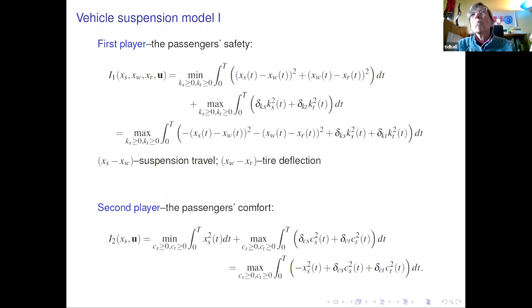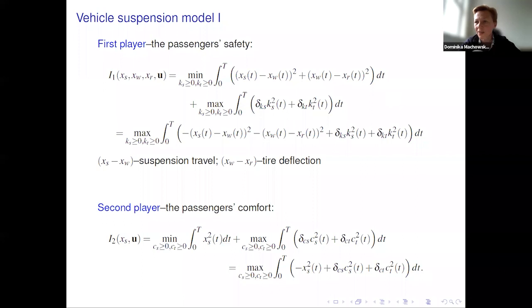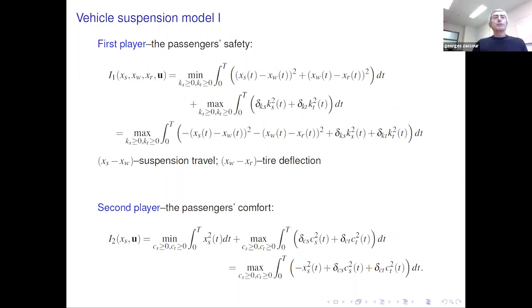So the first player takes care of the safety of the passengers, and the goal of the second player is the comfort of the passengers. So the passenger is not the player, in fact. No, the passenger is not. The players are the constructors of the car. Okay, I see. Thank you.